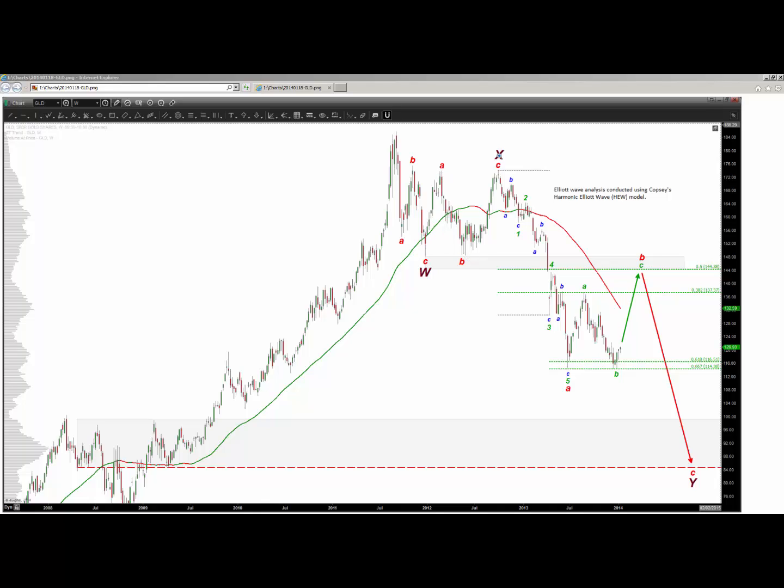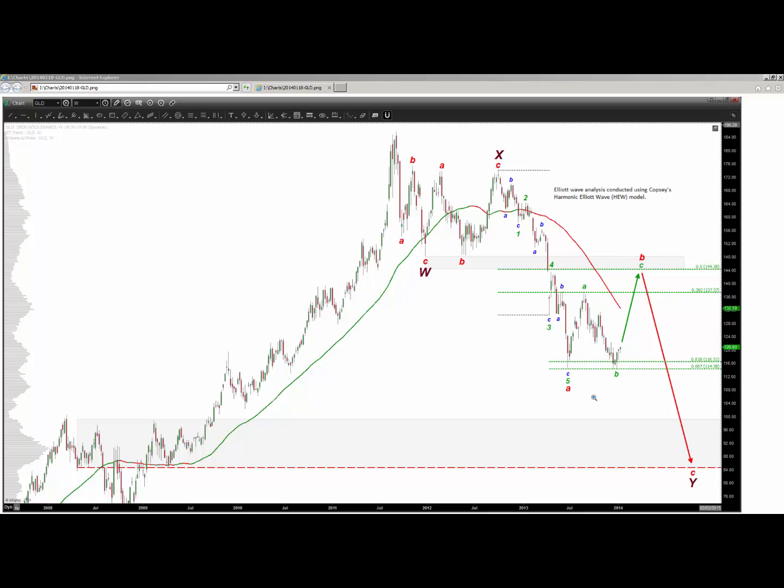It's a sideways movement, which Elliott refers to as a flat formation. So W and X. What came next is a very intense wave A.